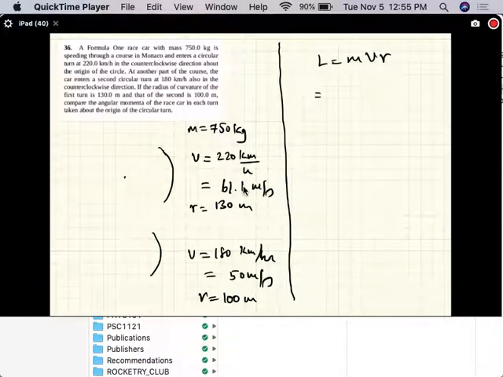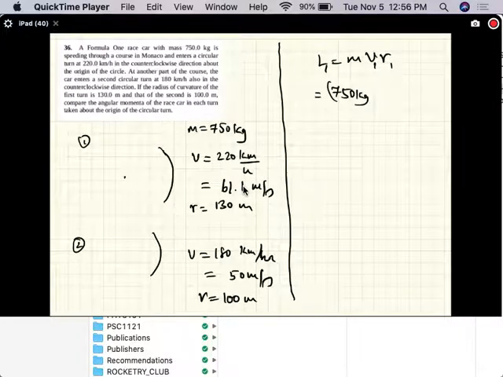So for the first turn, L1, well, the mass remains the same, m1 v1 r1. So 750 kg times v1, which is 61.1, and r1 is 130 meters.